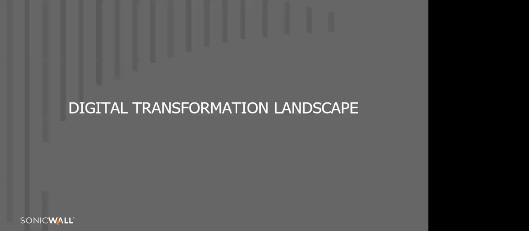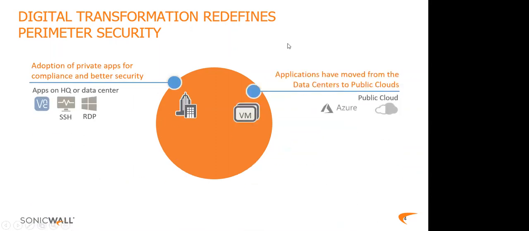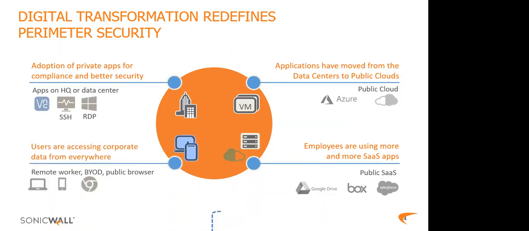Digital transformation landscape. Okay, so let's look at this screen. In this new paradigm of digital transformation, the well-defined network and security perimeter model actually no longer works. Let's look at the example here.